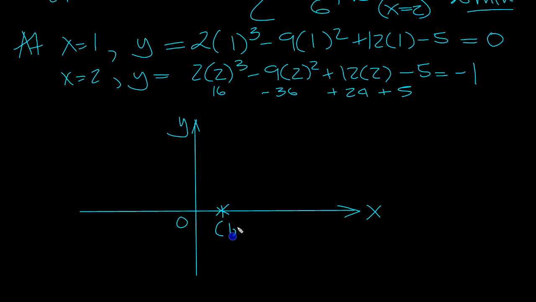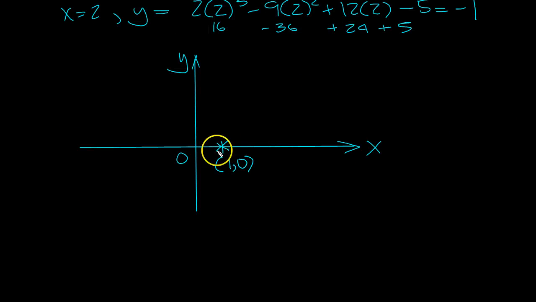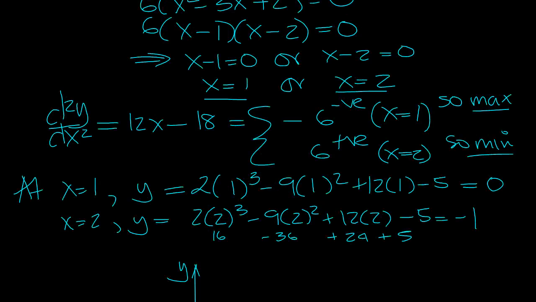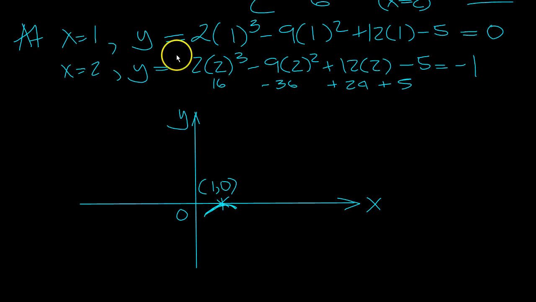This is the point (1, 0). And when x equals 1, it was a max. So it goes around like so. Oops. I might move that above because it's a max now. And then when x is 2, it must be a min, mustn't it? Yeah, min. And we had minus 1. So at 2 then, the value is minus 1. And that's a min.